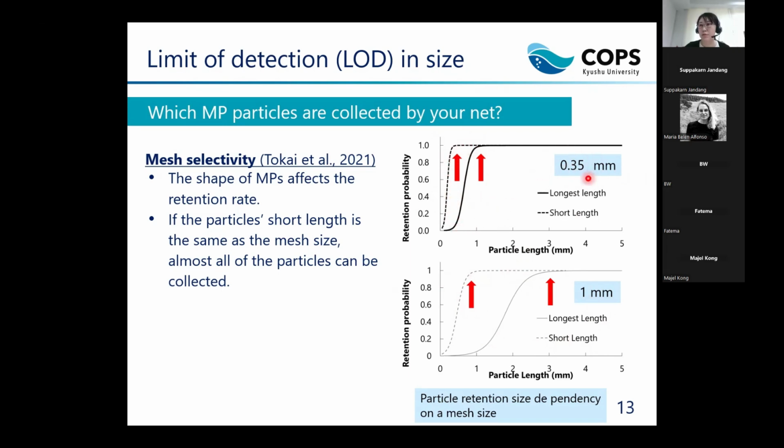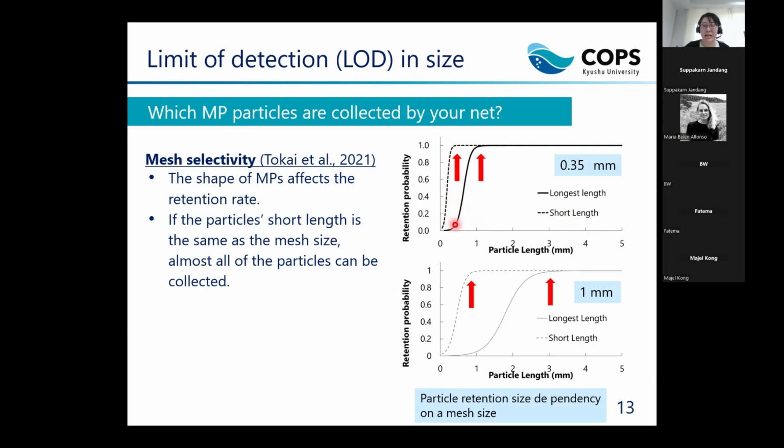Then, in the case of the 0.35 millimeter mesh size net, if we consider the longest length, particles with a small longest length cannot be collected perfectly, and little by little the retention rate increases, and at almost 1 millimeter, we can collect almost all of the particles. In the case of the shortest length, most particles can be collected when the shortest length is 0.35 millimeter.